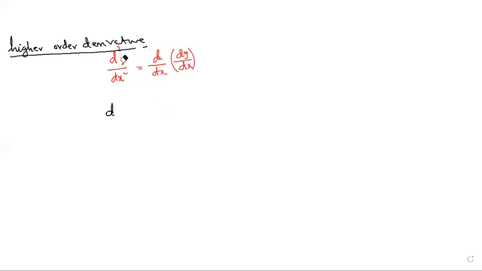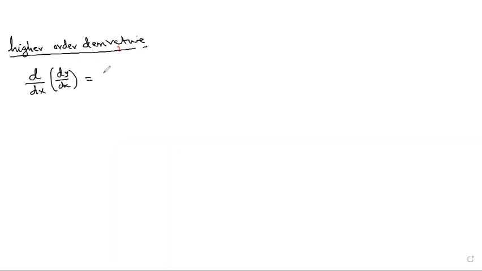Then first you write this notation: d by dx of dy by dx is denoted by d2y by dx2 or d square y by dx square, anyhow you read.